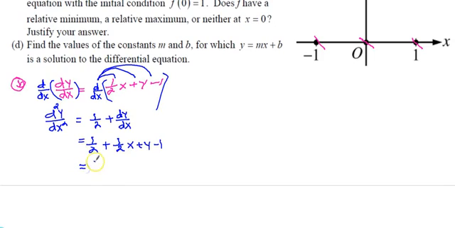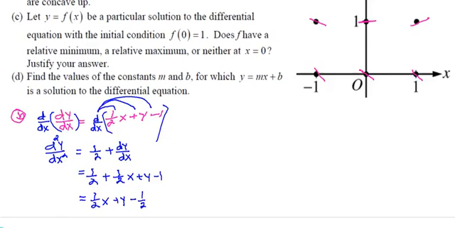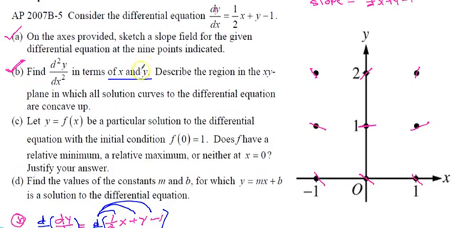You can simplify here. Second derivative is 1/2 x plus y. 1/2 minus 1 makes it -1/2. This is my second derivative. Okay, so it says find the second derivative in terms of x and y, which we already did.